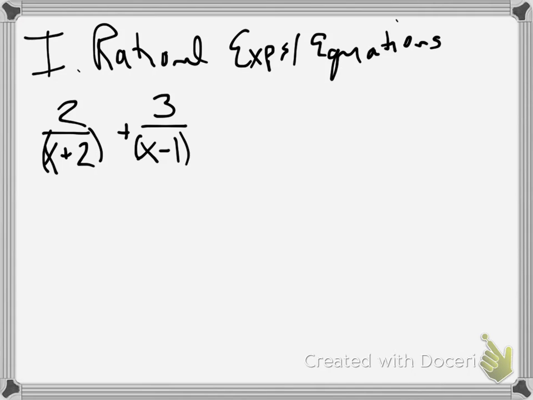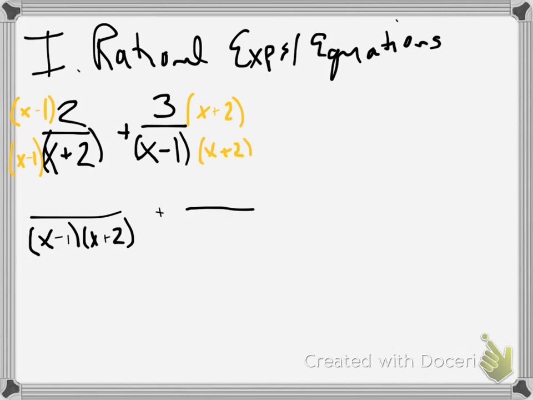In other words, if I take the left fraction and multiply both top and bottom by x minus 1, and if I take the right fraction and multiply top and bottom by x plus 2, I now am going to have two fractions with the same denominator, namely x minus 1 times x plus 2. So that's kind of where we're going to go here, if you forgot how to do problems like this.